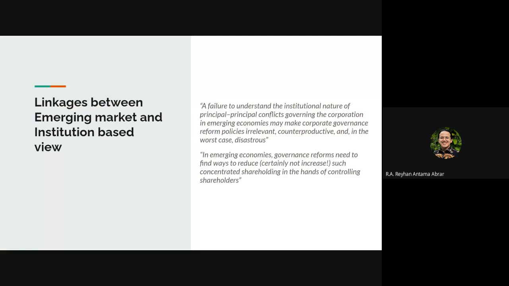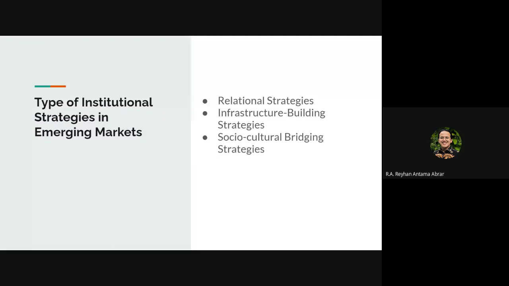So what we are trying to prove here is that it is necessary to find the relevancy in applying the institution-based theory in the emerging market context. So next, please. How should we exactly put institutional strategy in emerging markets?